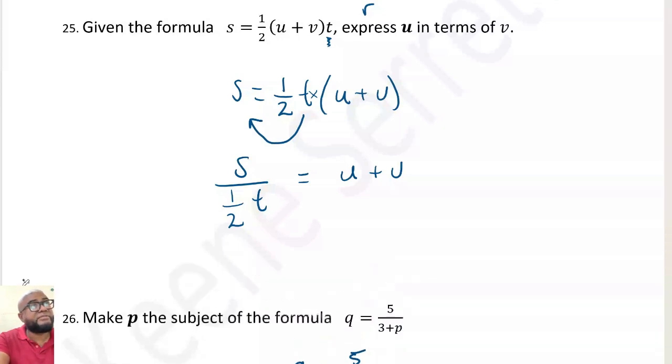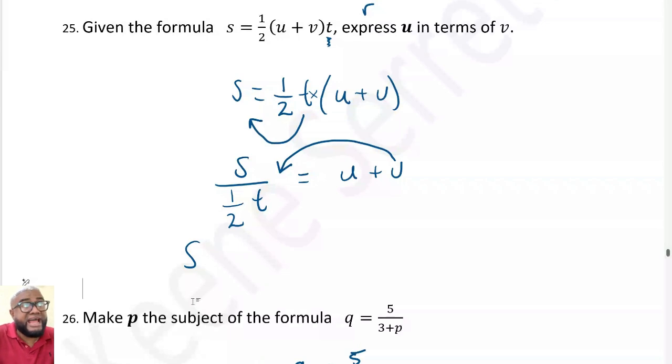What do I want to make the subject here again? U. So what do I need to move from this side? Get my energy up. Let's go. So what do I move now? I want to make U the subject, so I need to move V. What do I do with V when I carry it here? I divide? Multiply. Somebody saying add.